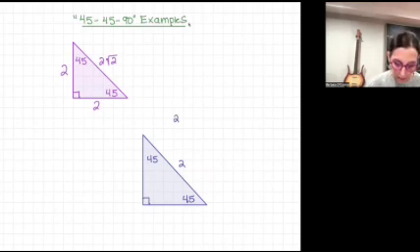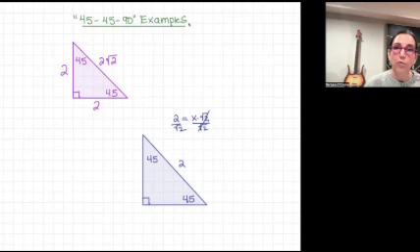Well, since the hypotenuse is 2 in this case, and that equals the leg times root 2, to find the leg, we have to divide by root 2. 2 over root 2.